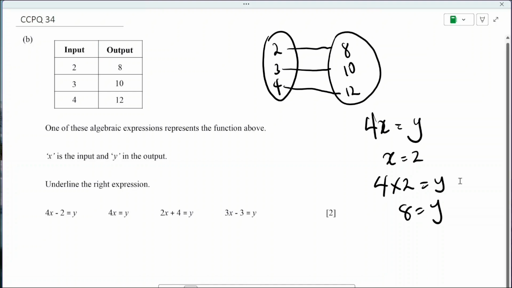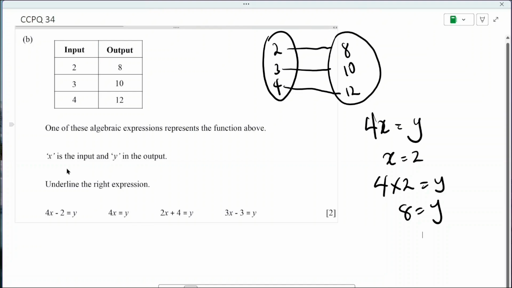So when x is 2, y is 8. You have to do a second test to be very sure this is the right answer. It works for the first, but would it work for the second? Let's try and see. You don't just jump to the answer because it worked for the first one.